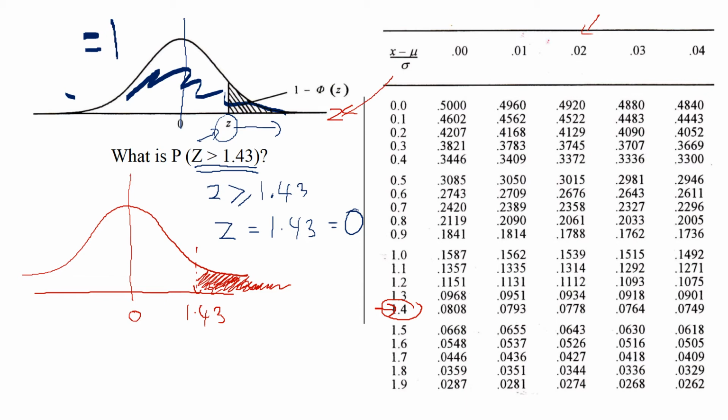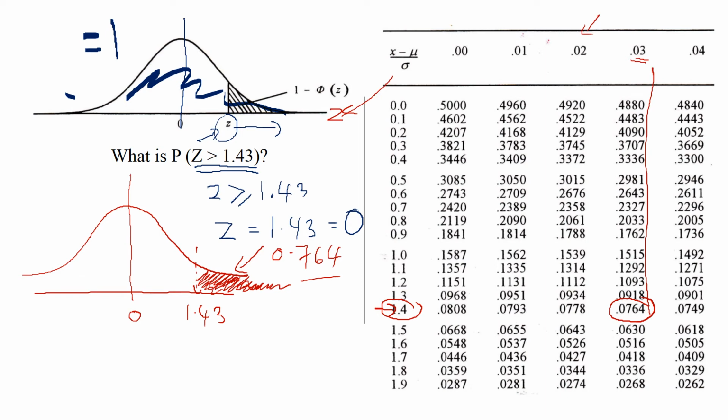Say 1.43 here. So where's the intersection? It will be 0.764, and we find that there is 0.764. In other words, this area is 0.764, and that is precisely what we are going to find here.